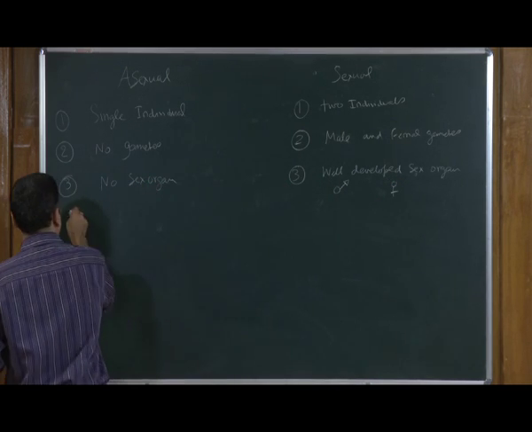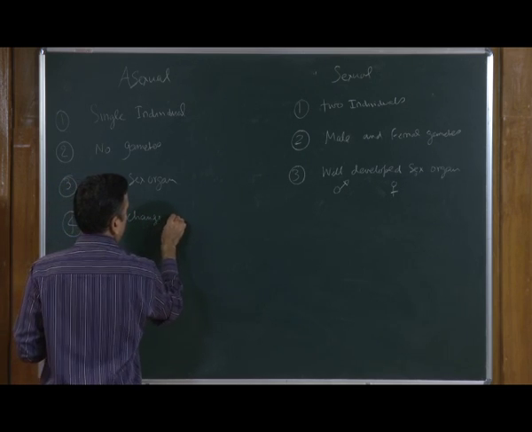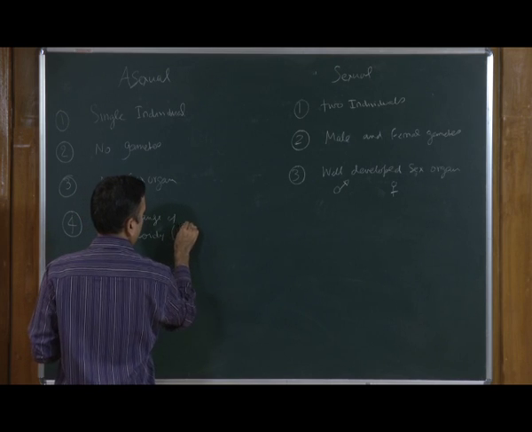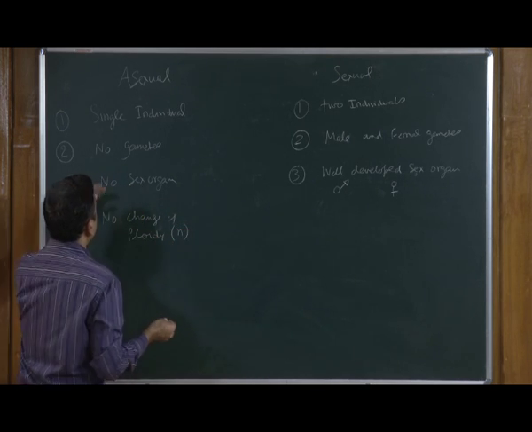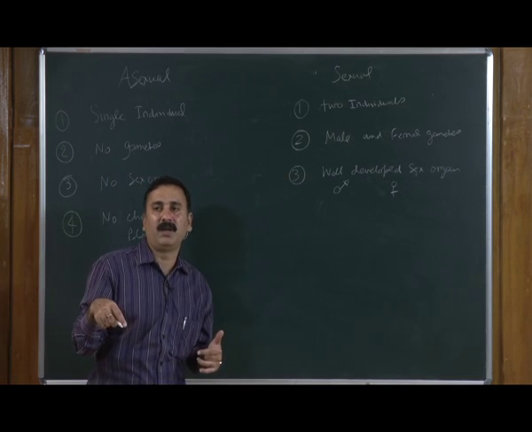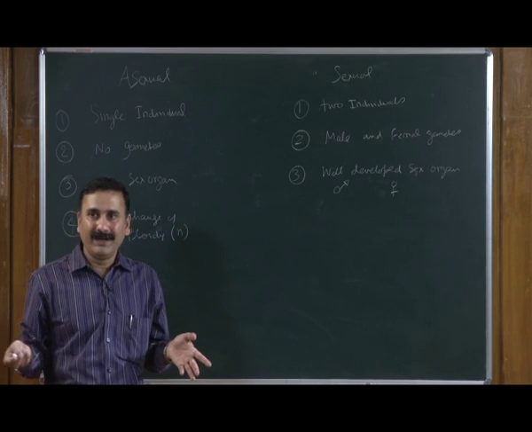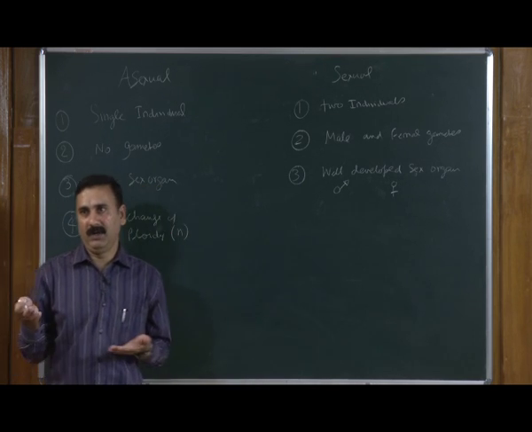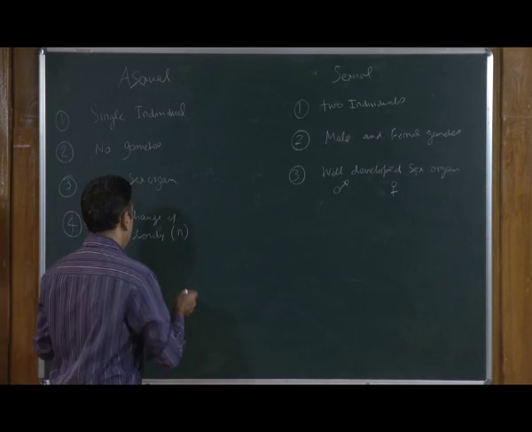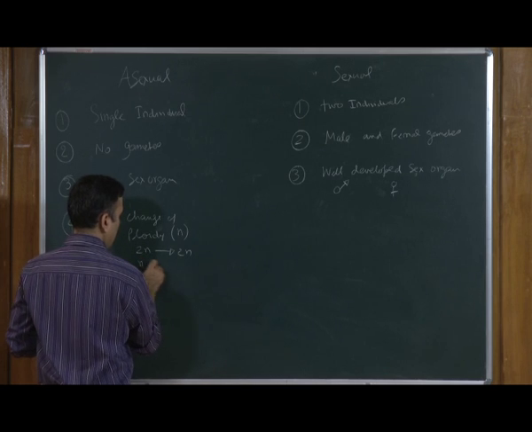Number 4, there will be no change in ploidy, meaning the n. Okay. So, if the organism is doing asexual reproduction and the organism is diploid, then the progeny is going to be diploid. If it is haploid, then the progeny is going to be haploid. So, it goes from 2n to 2n and n to n.